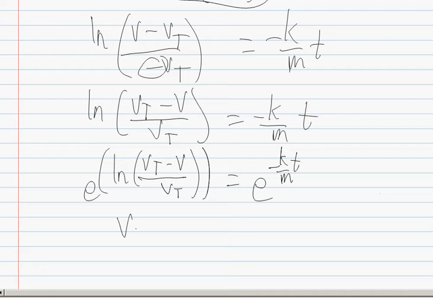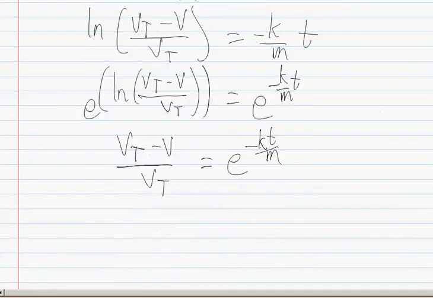This becomes vt minus v over vt equals e to the negative kt over m. I multiply both sides by terminal velocity. I have vt minus v equals vt e to the minus kt over m.